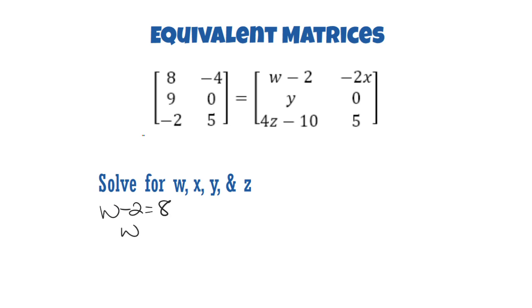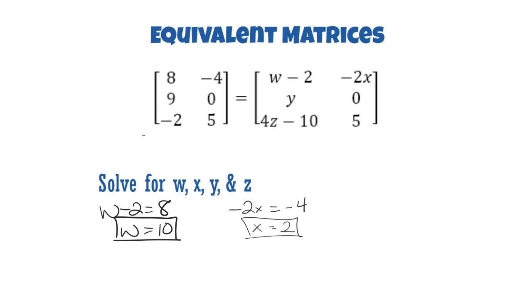So to solve for w just means, all right, w is going to have to be a 10, just adding 2 to both sides there. The next one would be this element. I see that it's a negative 2x. It corresponds to this negative 4. So that means that our negative 2x is going to have to be the same as a negative 4, divide by negative 2, and we can see what x is equal to.